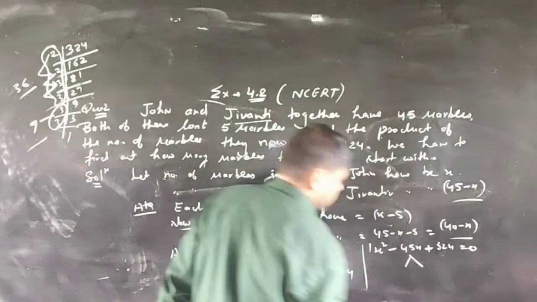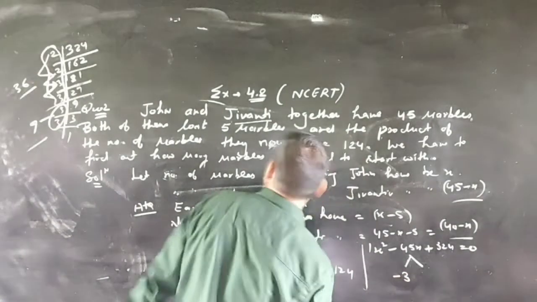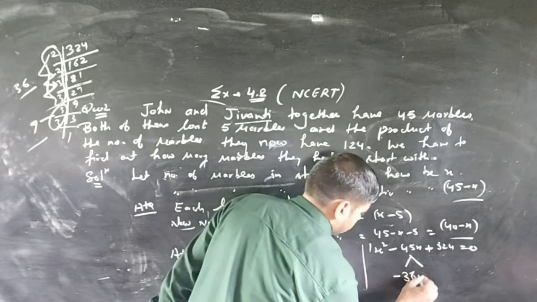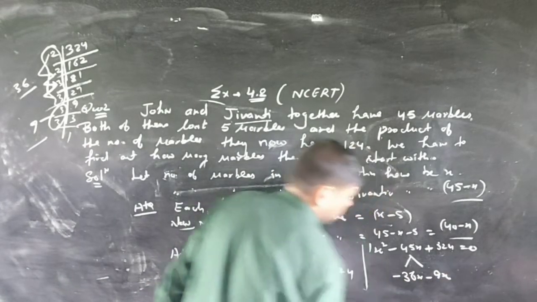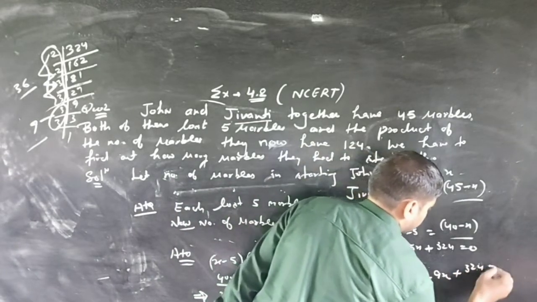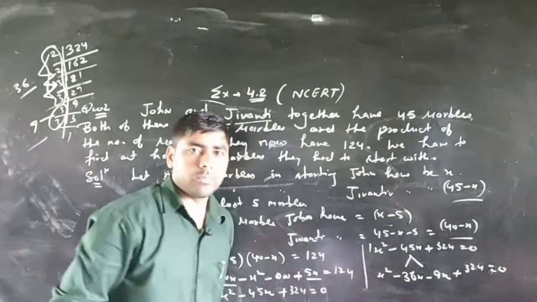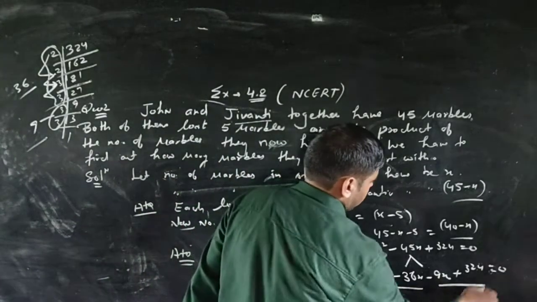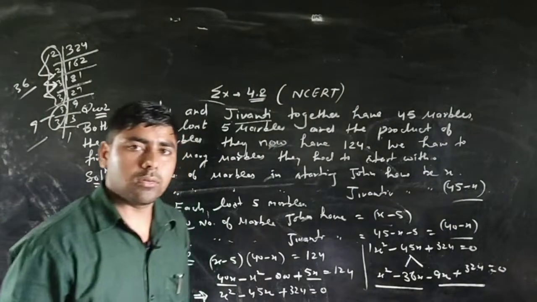We can split it as x square minus 36x minus 9x plus 324 equal to 0. From the first two terms x is common, and from the last two minus 9 is common.